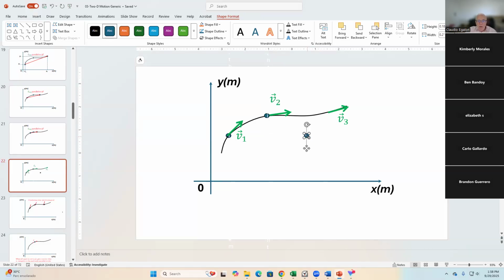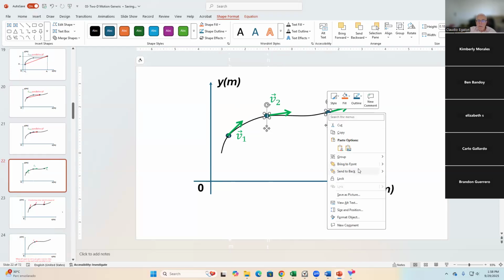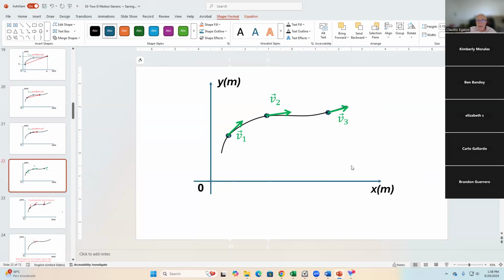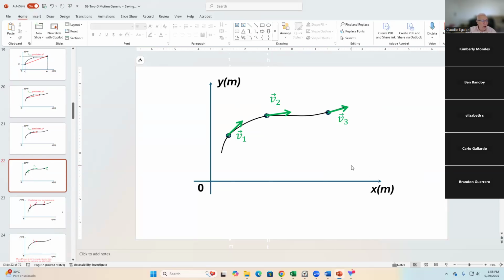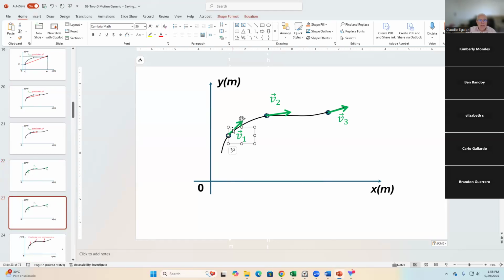The other point is this one right in here. And I'm going to send all of them to the bottom, send to back. Okay. Another different way of illustrating the velocity vector that's tangent to the curve. How does it go? It's like that.